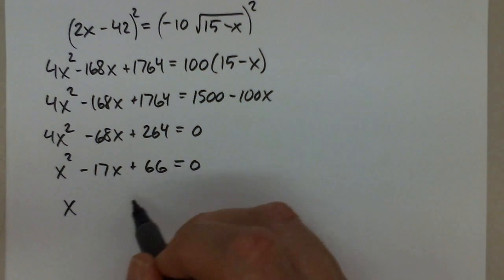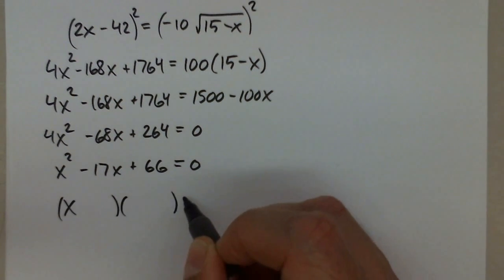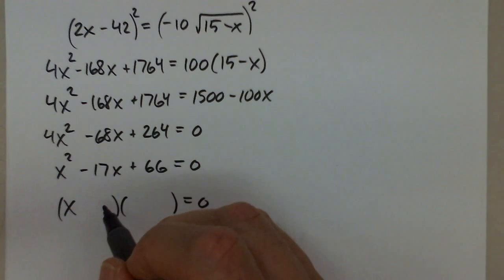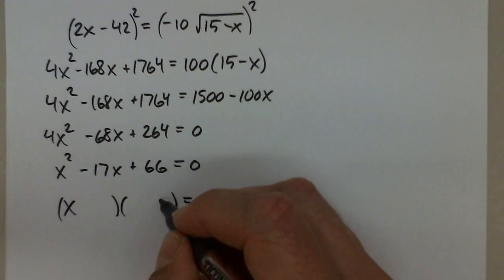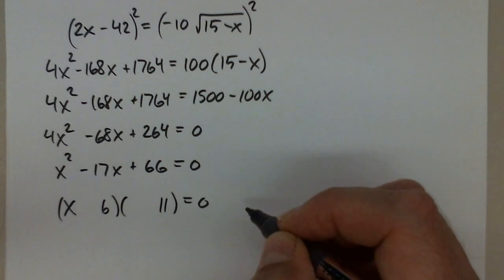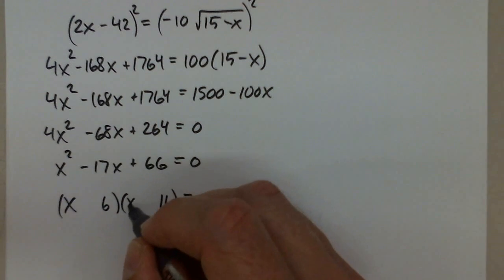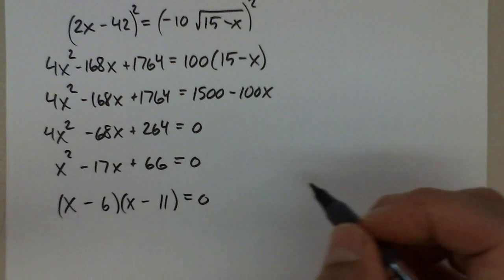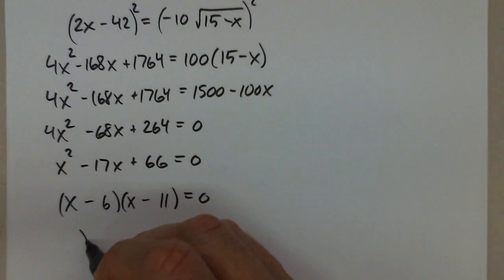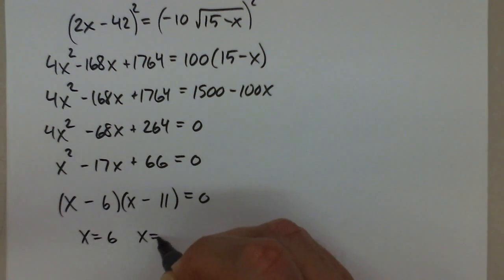And we're going to multiply to get 66 and add to get negative 17. So that'll be 11 and 6. And they both need to be negative so that they add to get negative 17. So x equals 6, x equals 11.